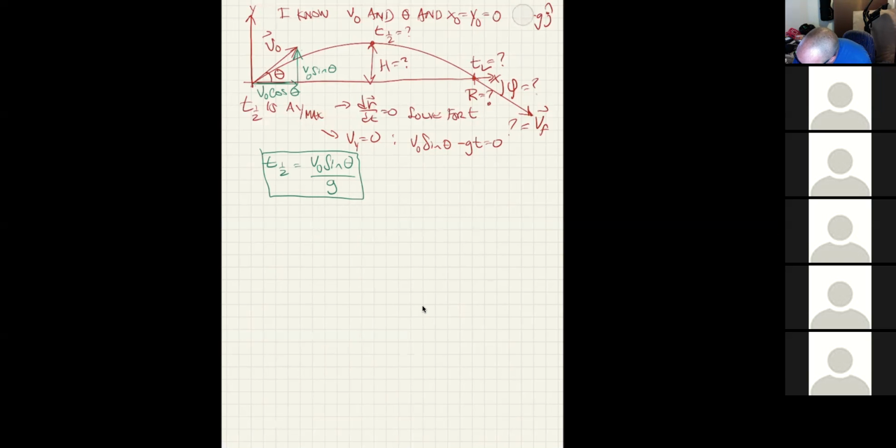Does everybody understand what I did there? So I've now got the time t 1/2. Can anybody look at this and think about symmetry and tell me what you guess t L would be? Two v0 sine theta over g.